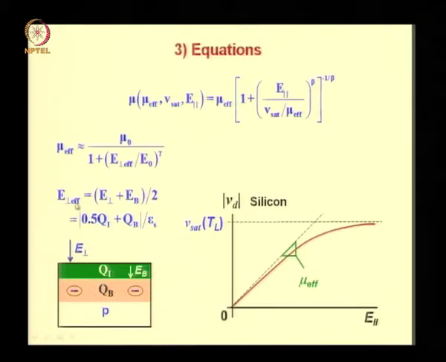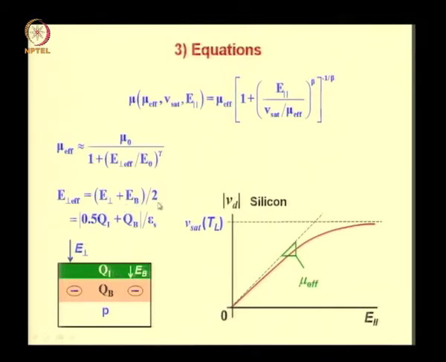So, this electric field, the effective value, is average of the perpendicular electric field at this surface, which is the interface between silicon and silicon dioxide, and at the end of the inversion layer. This electric field is given the symbol E suffix B. So, average of these 2 electric fields is what this inversion charge experiences, and that is what is given here.